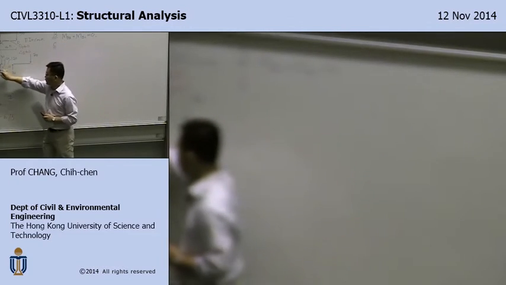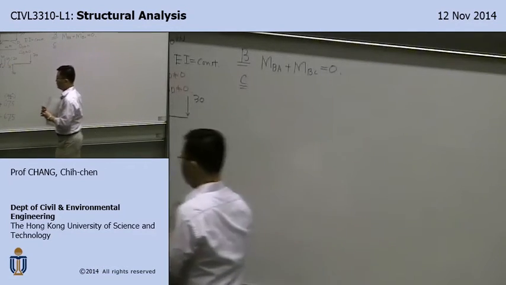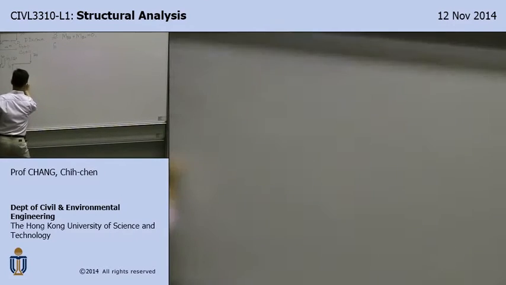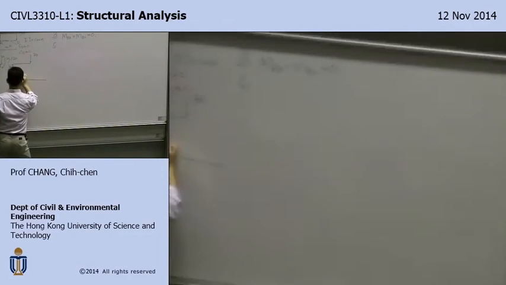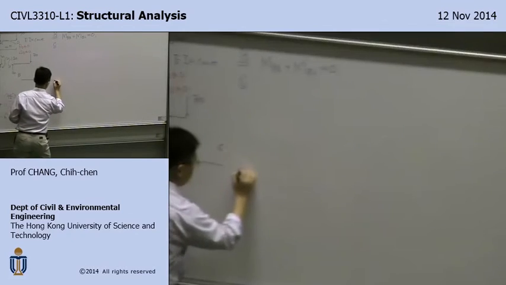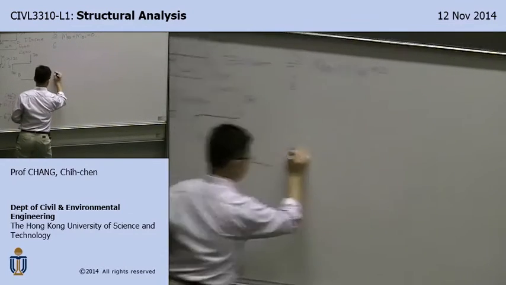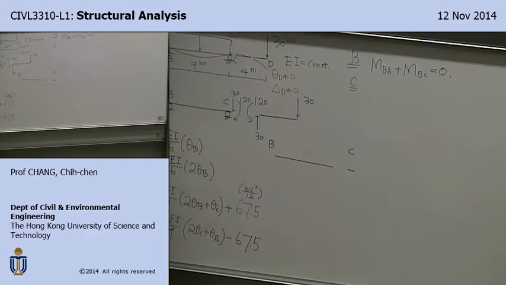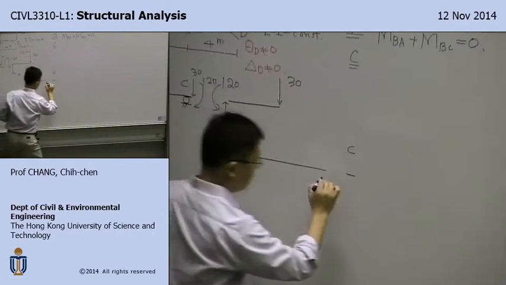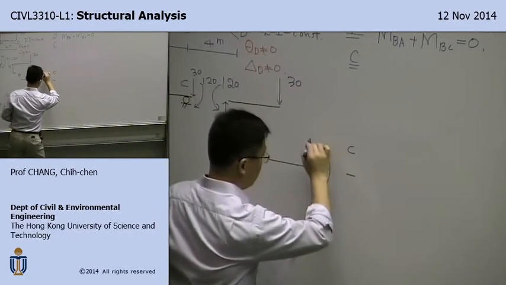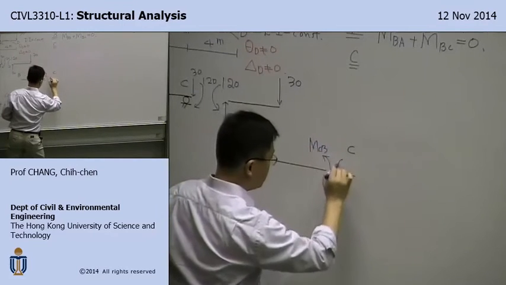So what is happening at joint C? Let's take a look. Blow it up. This is B, this is C, and this is joint C. There, so at joint C, you have M_CB, action reactions.